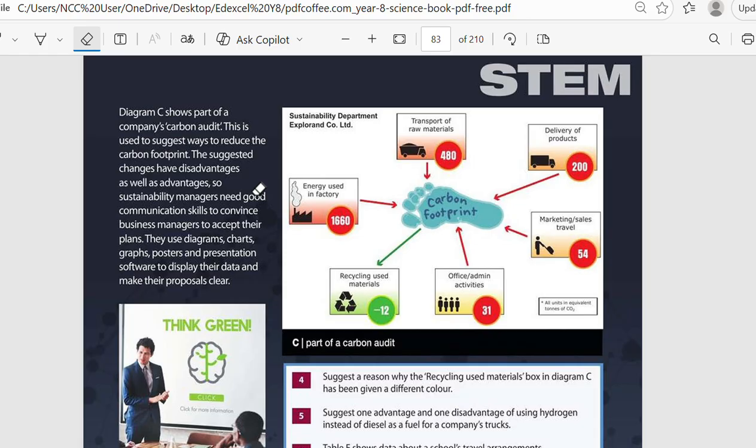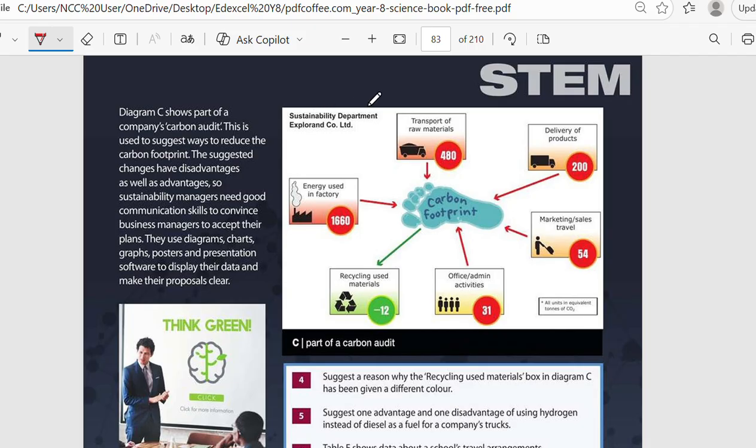Now look at this diagram C. This is from the company Explorer & Co Limited and their sustainability department. Go through it and see if you can understand this one. Right, so diagram C shows a part of a company's carbon audit.